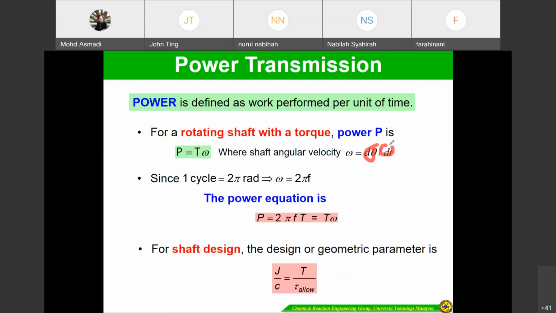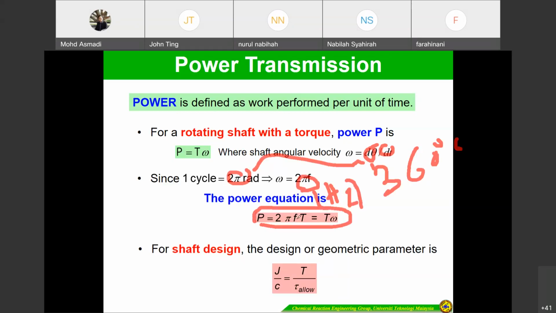Since one cycle is equal to 2 pi radians, around 360 degrees, and f is the frequency in hertz, power equals 2 pi f T, where T is the torque.